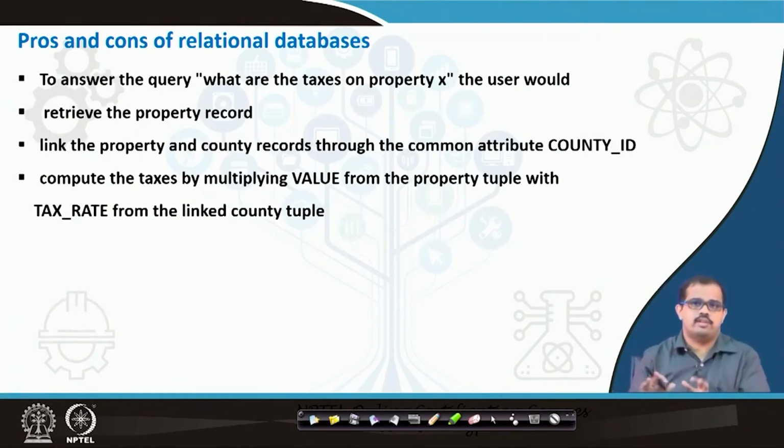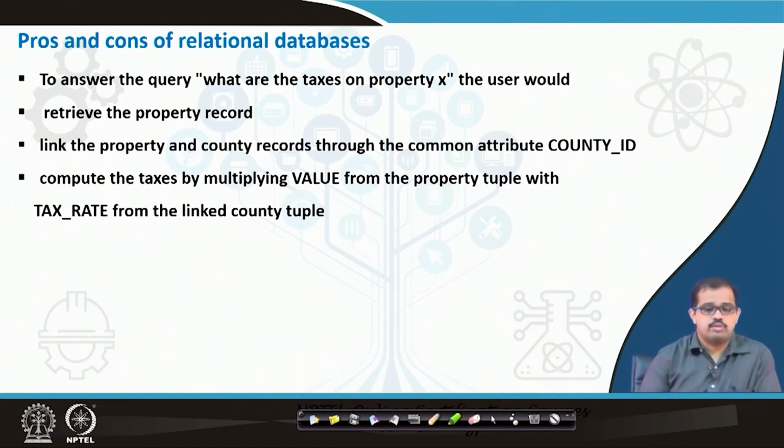It's a simpler way of putting it, but when you look at the entire organizational database, it's quite complex in terms of maintenance. So, looking at pros and cons, to answer the query of what the taxes are on a property X, the user would retrieve the property record first, then link the property and county records through the common attribute county ID. Then compute the tax by multiplying the value from the property tuple with the tax rate from the linked county tuple.